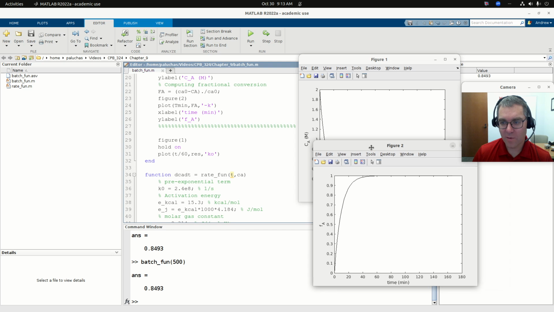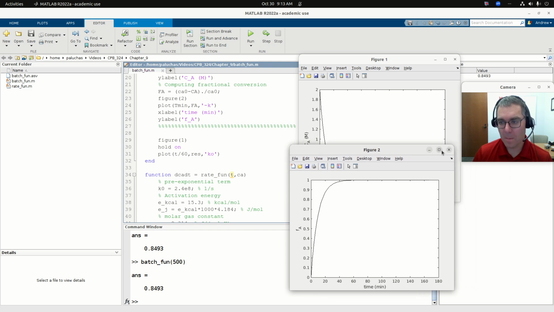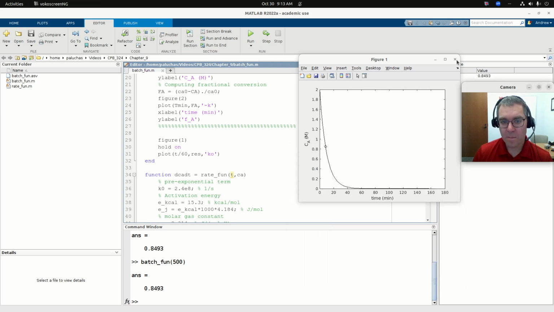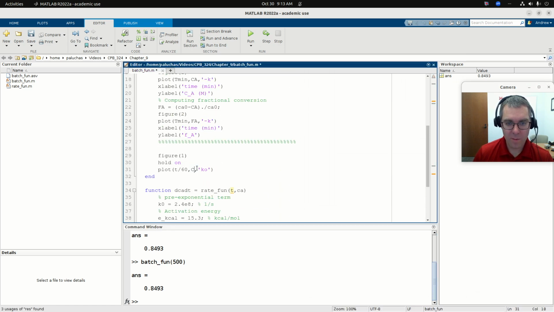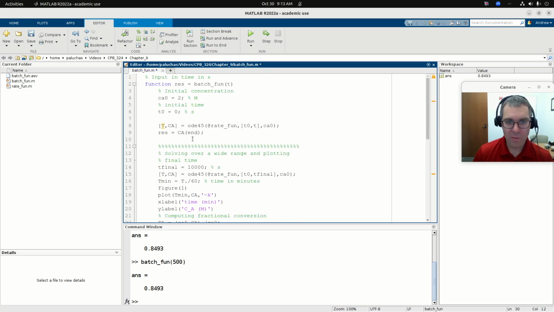And here's my plot of fractional conversion. Okay, and maybe what we really want, let me put this as CA end. Maybe what I really want is to return the fractional conversion. And that's going to be CA naught minus CA end, divided by CA naught. I just want that fractional conversion at that time t.